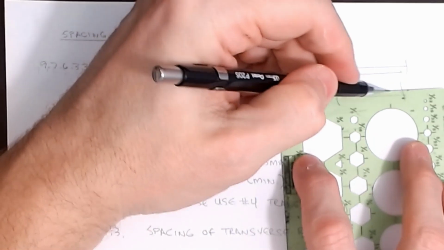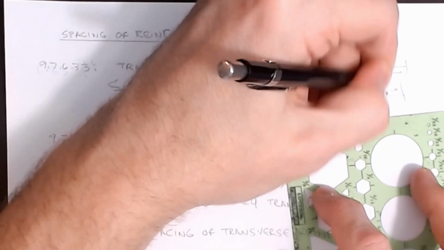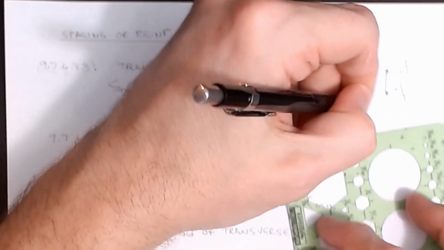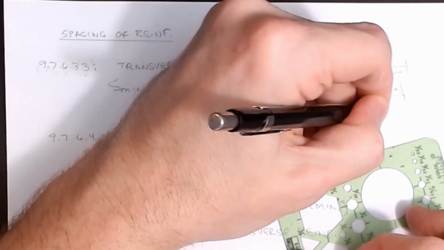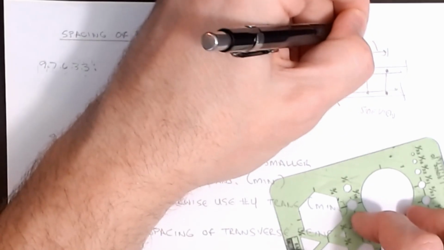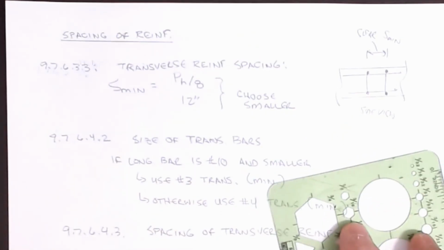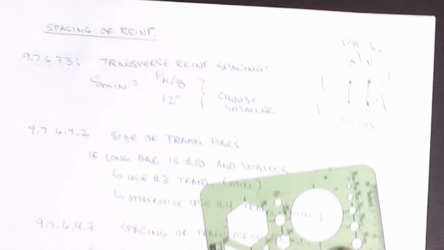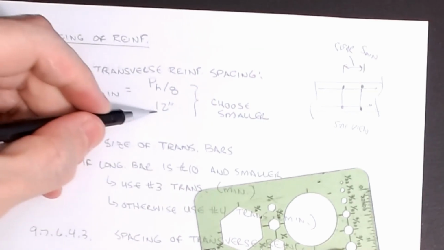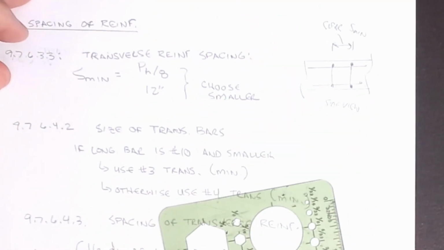Again, if this is a side view, and I need one here, and then one here, this is the clear distance, and that's s max. Does that make sense? They're saying it's either 12 inches as a maximum or ph divided by 8 as the spacing between successive stirrups, if you will.